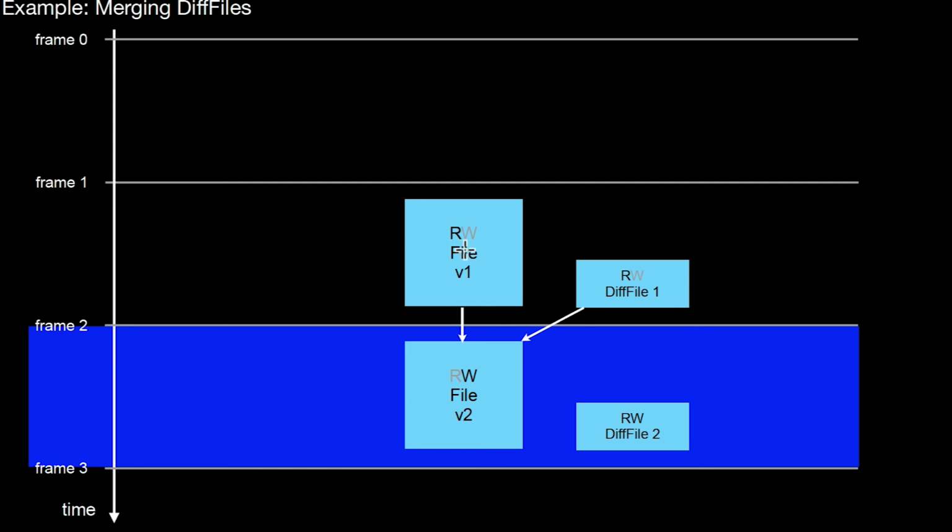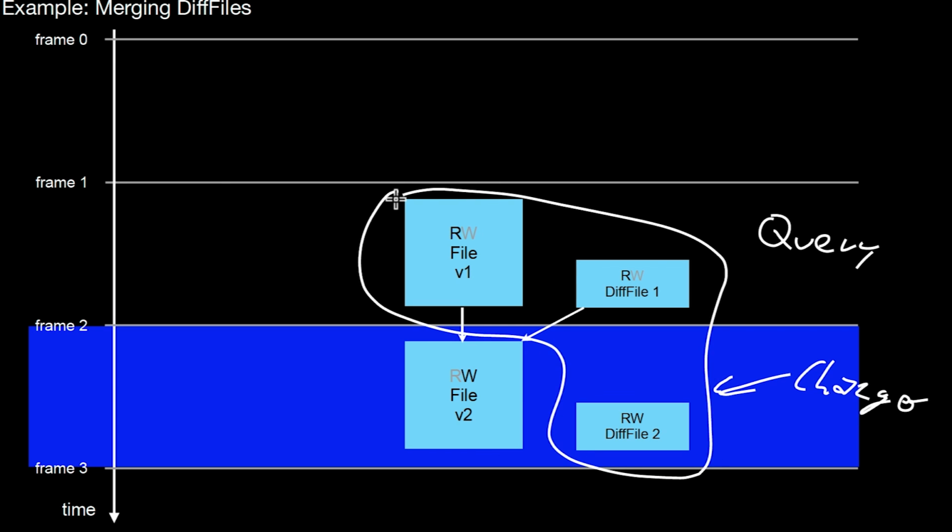So here the read-only file of version 1 is merged into a new version using the differential file 1, which is now switched to read-only. So again, in this situation, all changes go to the new diff file. We start a new diff file collecting all the changes that are coming in. Whenever you want to query the current state, we have to look at those 3 structures.